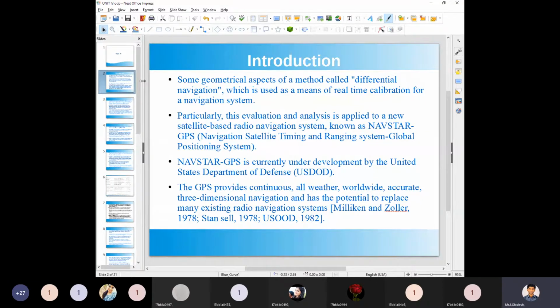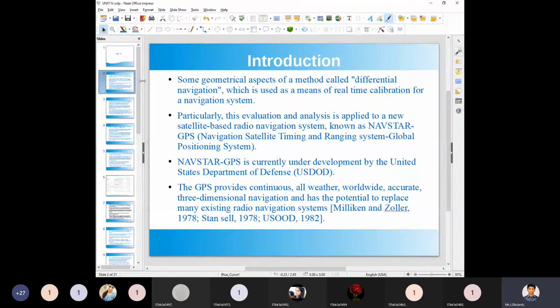It means that if you want to do differential navigation, you need to take geometrical aspects, which means a real-time calibration for the navigation system.